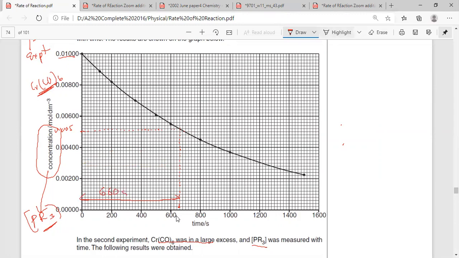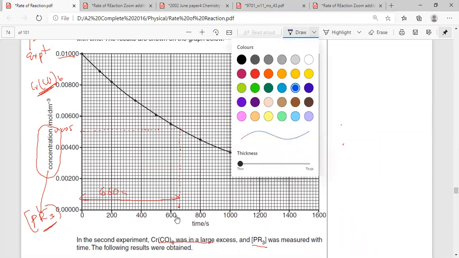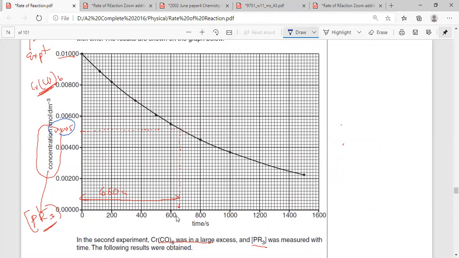Now the second one, if I were to draw half of them, half of this one here would be what? 0.0025, which is here. Half of this is 3, so about half would be here, somewhere here.